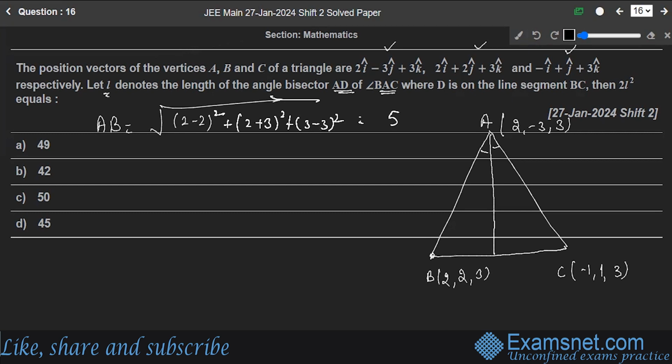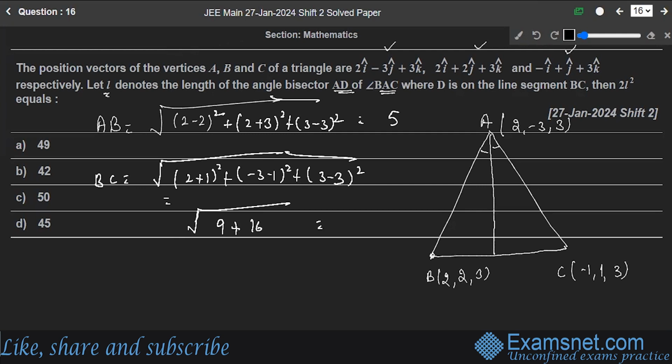This will be equal to 5, and BC will be equal to root of 2 plus 1 square plus 2 minus 1 square, 3 minus 3 square, which will be equal to root of 9 plus 16. Again, that's equal to 5.